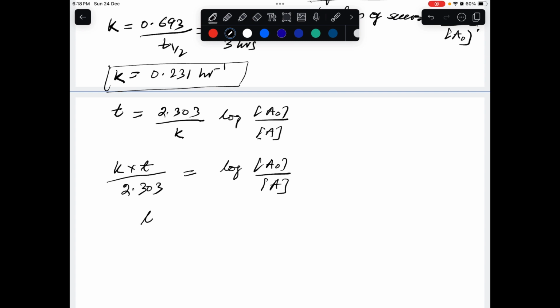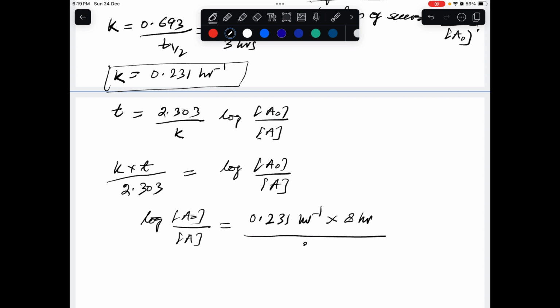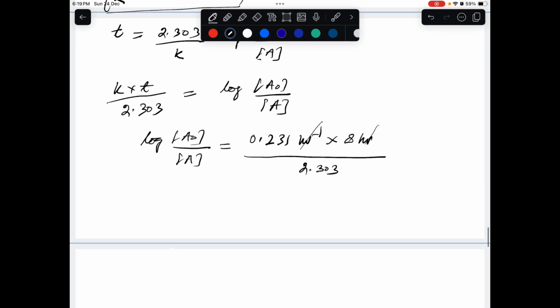So log of A naught over A is equal to the value of K, which is 0.231 per hour, into time 8 hours, divided by 2.303. The hour will cancel out. So we have the value 0.8024. This is the value of log A naught over A.